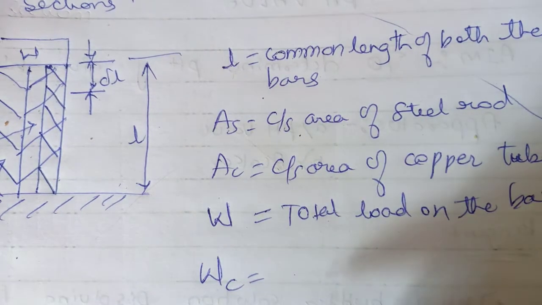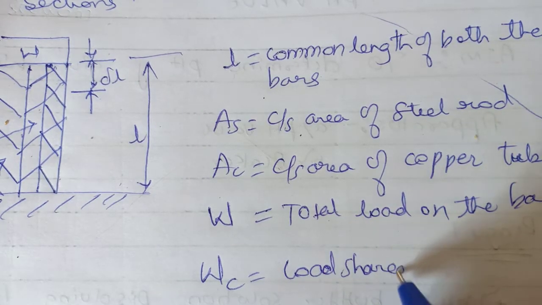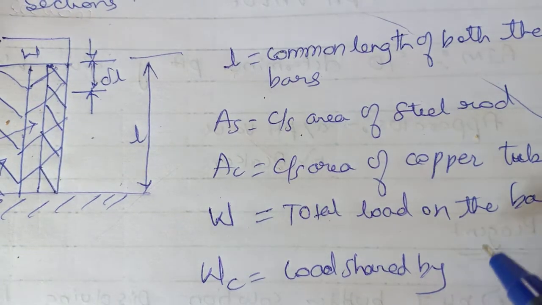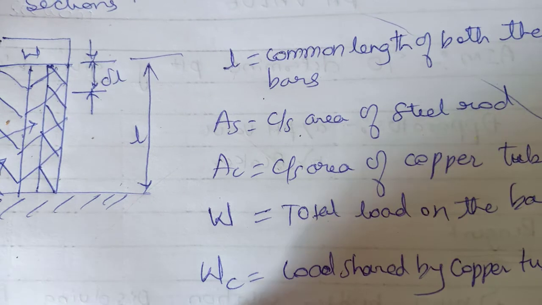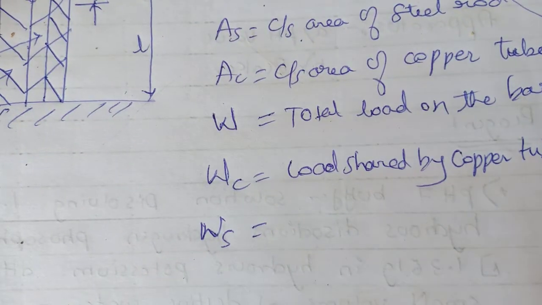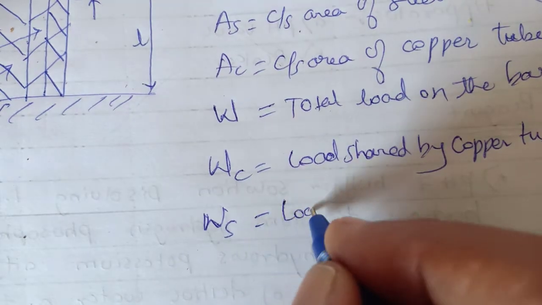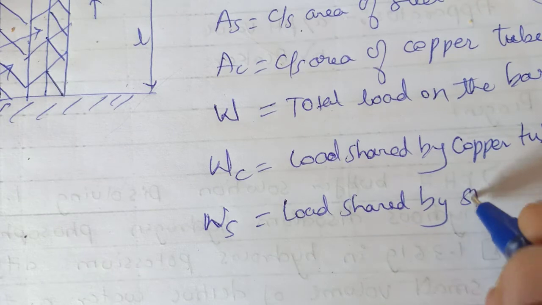WC, load shared by copper tube. WS, load shared by steel tube.